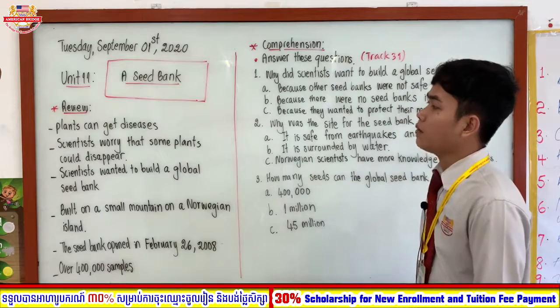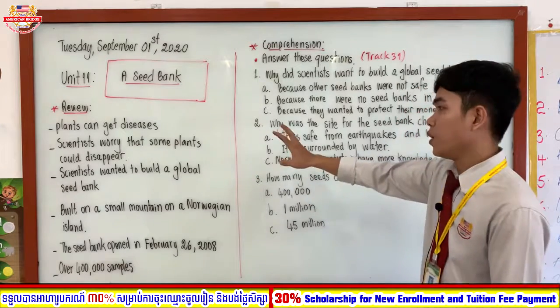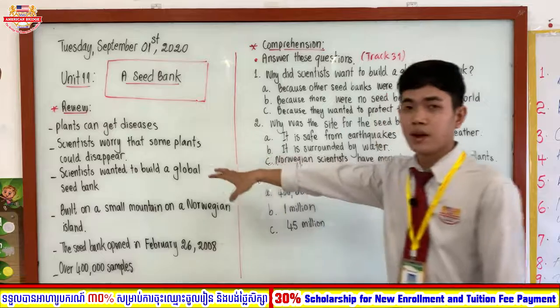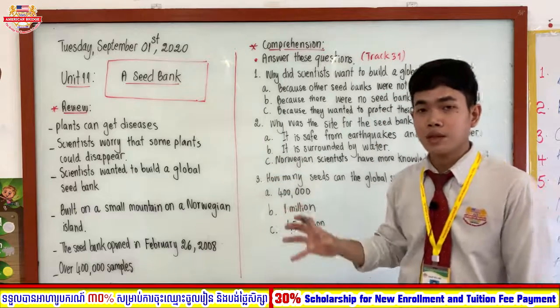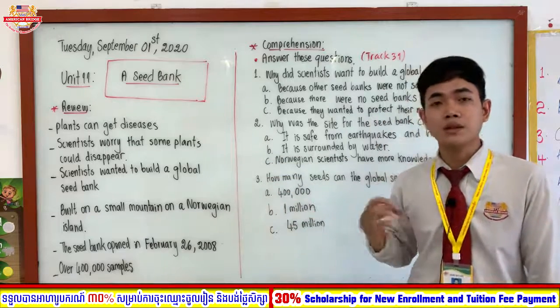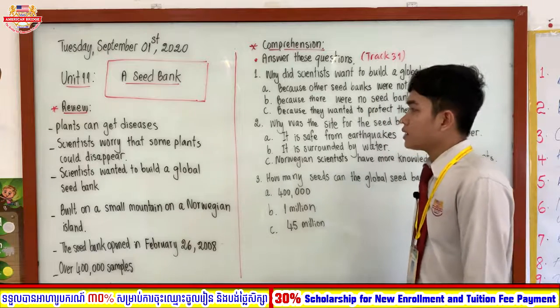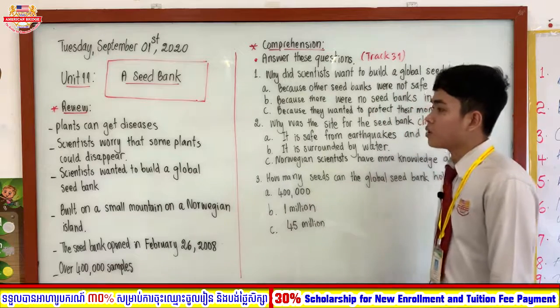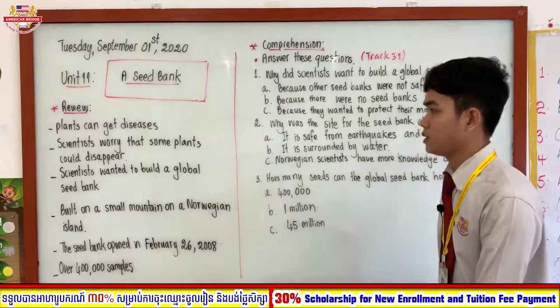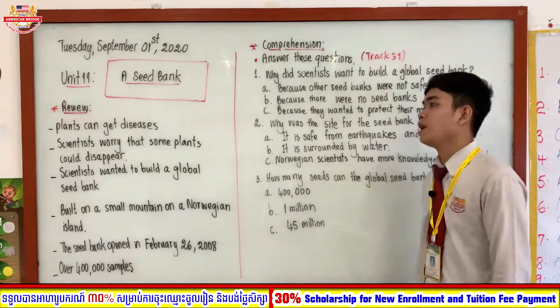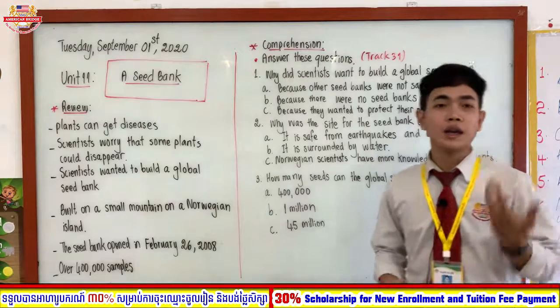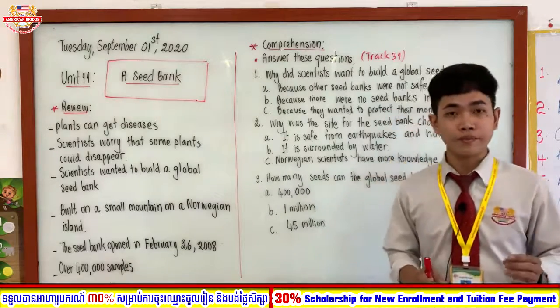As you can read, plants can get diseases. The scientists wanted to create the global seed bank, and scientists worry that some plants could disappear in the world as well. So we have many reasons that led the scientists to build the seed bank.